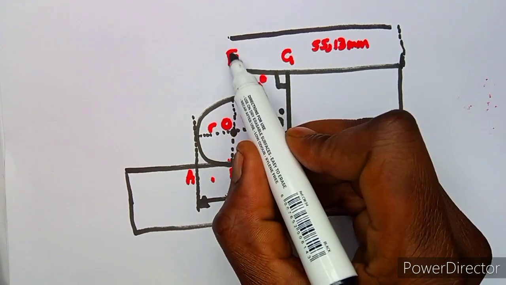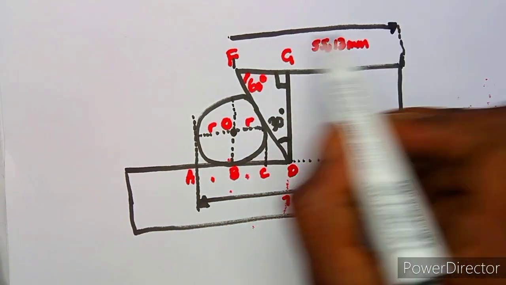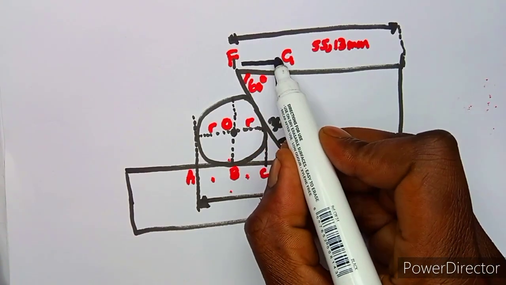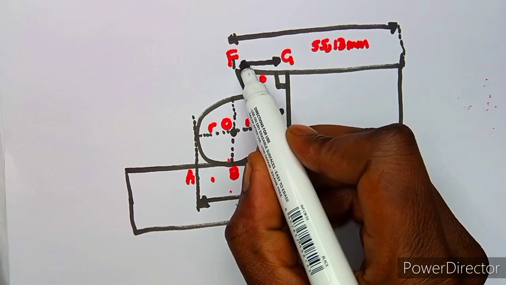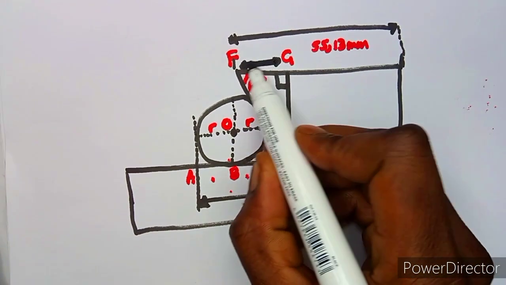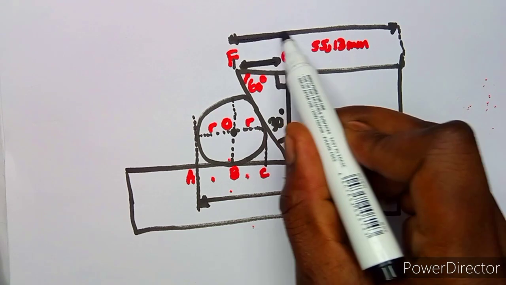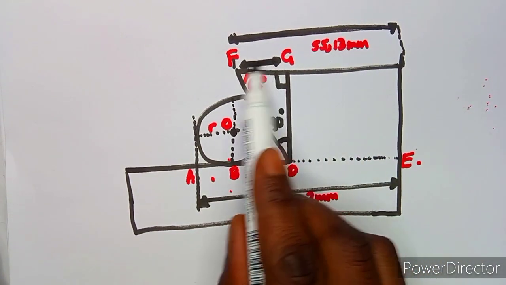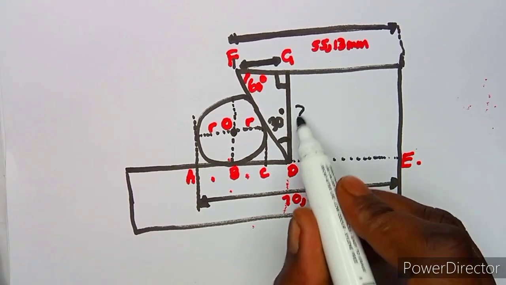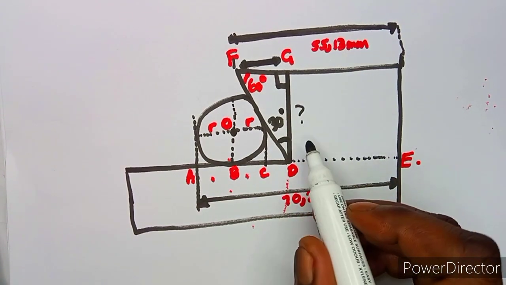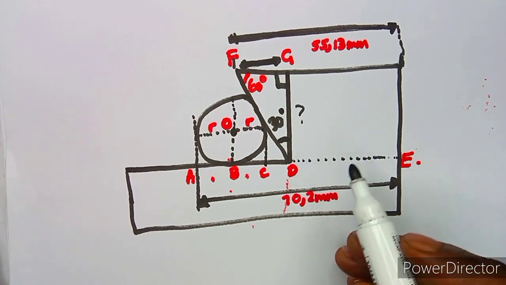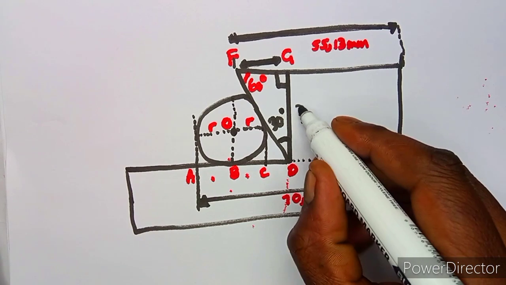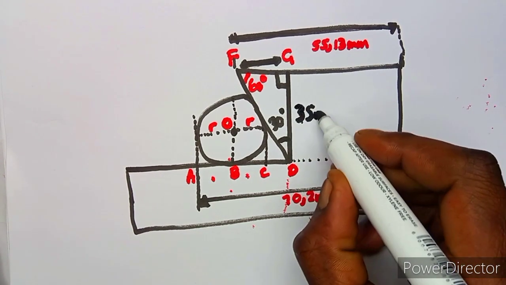This was our 53 millimeters, and we have got something from F to G that we can calculate, because it's also in the horizontal, just like this 53. So that is why we are focusing on this, not this one, but this one we are given, because that was our 35, from this point up to this point. So this is our 35 millimeters here.